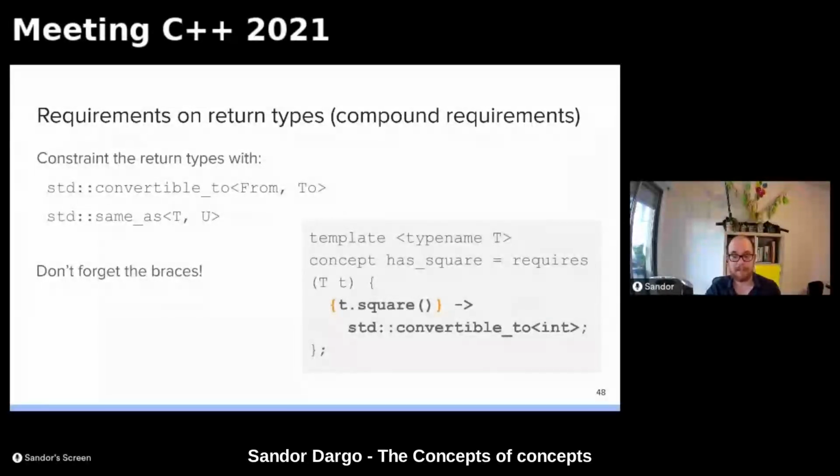So in this case, you expect something that is convertible to an integer. If you are familiar with the technical specification for concepts that I think was released in 2016, if I'm not mistaken, you could use the bare types there. You could write simply an integer, but right now you cannot write bare types anymore because of future generalizations.